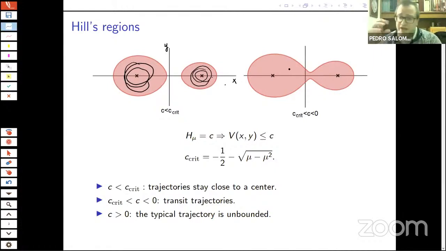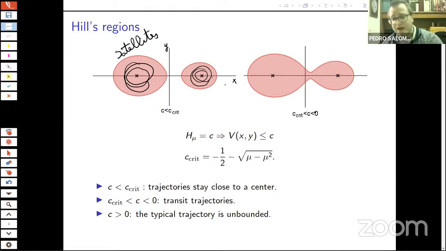And when we project this three-dimensional energy level, what we see is that these two smaller regions about the primaries get connected. And here, now we see trajectories that go from one side to the other. So here, we only see these trajectories that we call satellites.